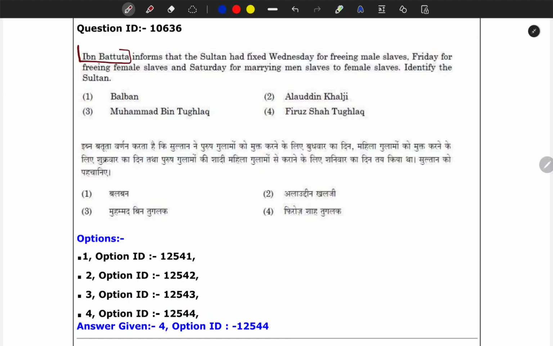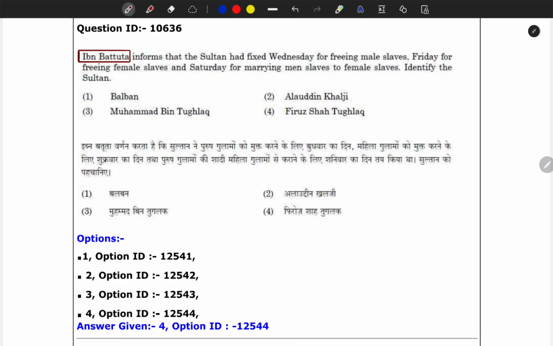Again and again I tell you that you have to read about the sources, about the foreign travelers. The students I taught in their master's course at Pondicherry University know that I again and again refer to writers from that particular time period.